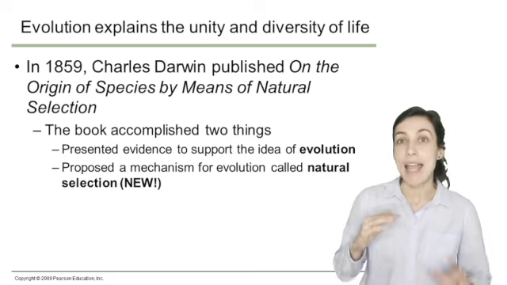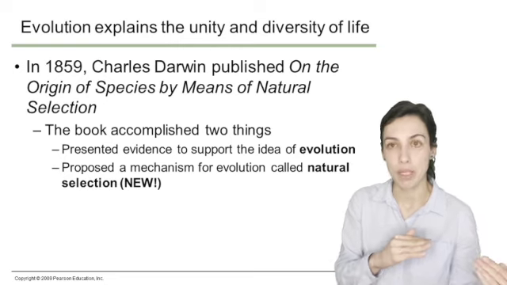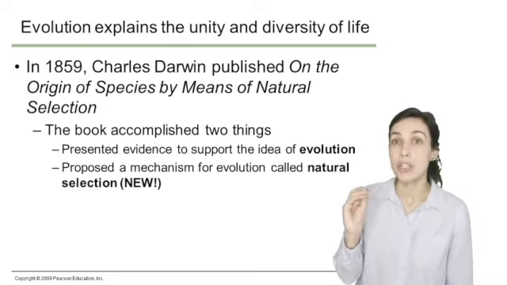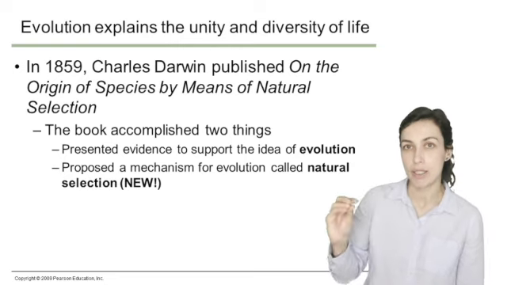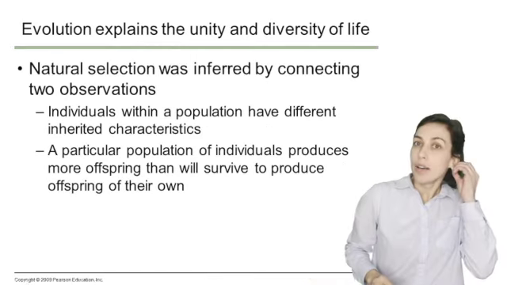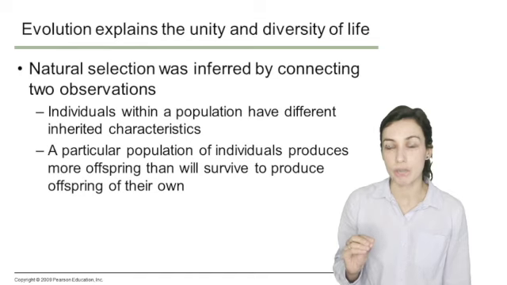One, it presented evidence that evolution is happening and has been happening. And two, it proposed a new mechanism for how this could be happening. And that mechanism is called natural selection. Let's talk more specifically about natural selection.